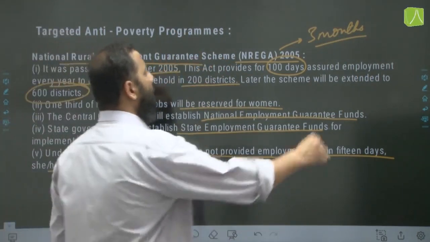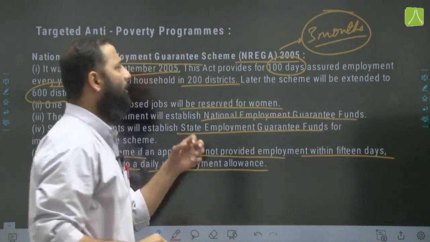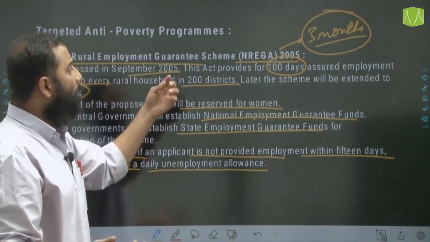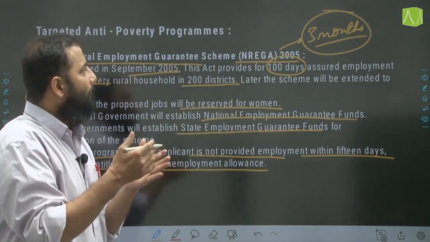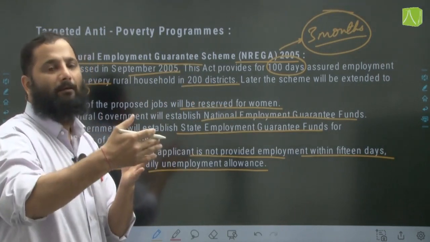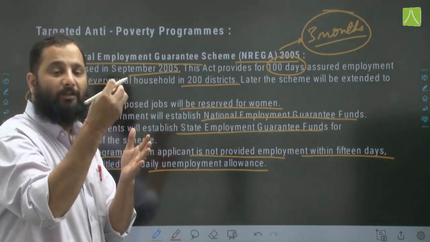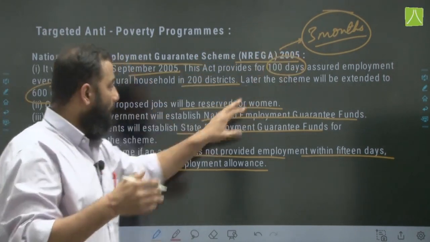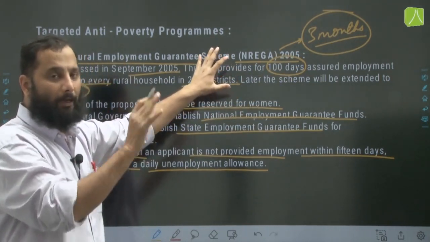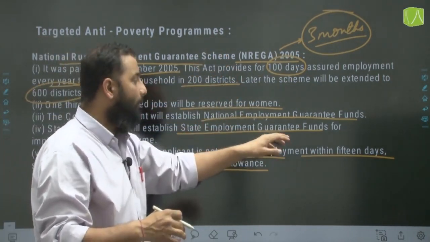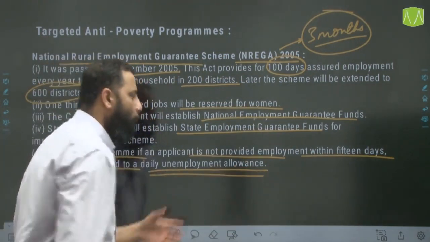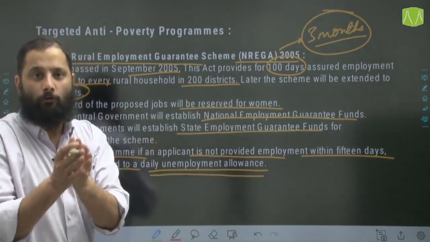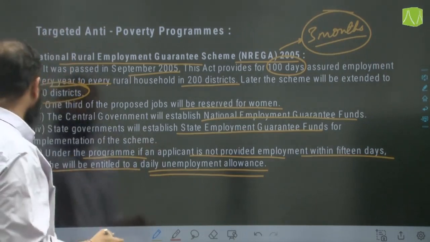So if the government can provide them some money for at least 3 months by helping them do certain jobs, this will help their basic survival. If they are not provided employment, an unemployment allowance will be given, which will be less than the wage, but at least it gives an assurance that their basic survival is not threatened. Alright.